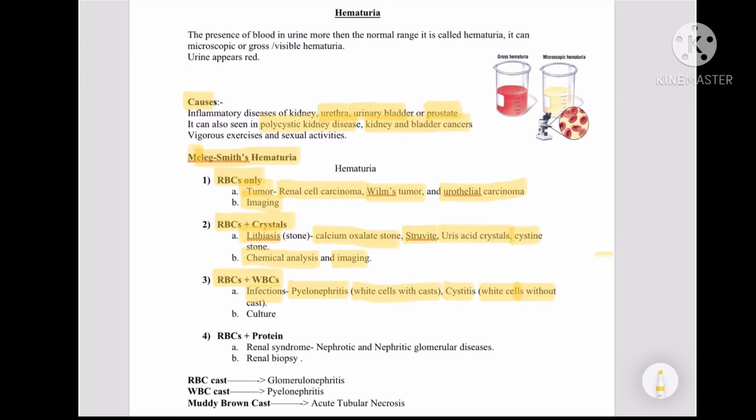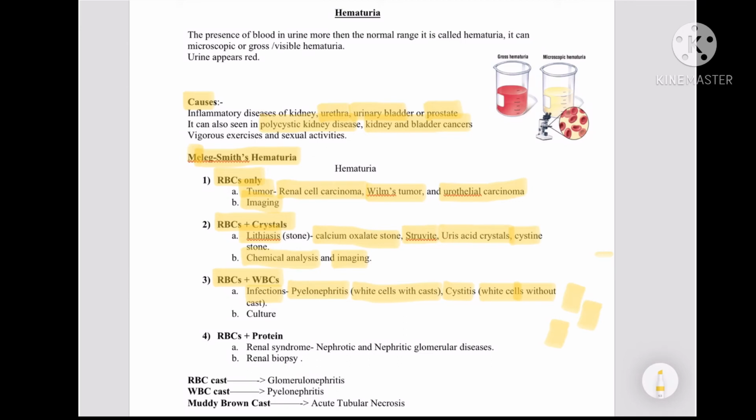Because the lumen of the tubules is small, the cells get compacted in the tubular network and appear like small casts.